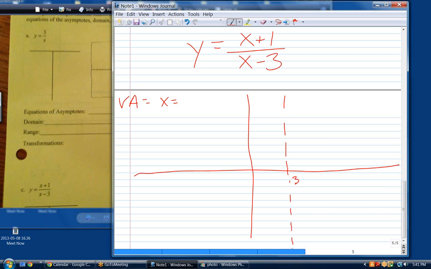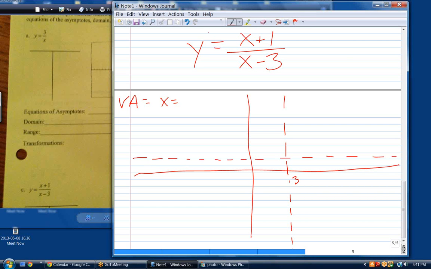What's the horizontal asymptote? 1. Good. Because we have the same power in the numerator for x as we do in the denominator, the horizontal asymptote is the ratio of their coefficients. So that's how we got y equal 1.